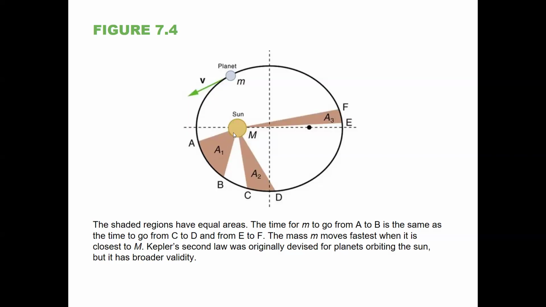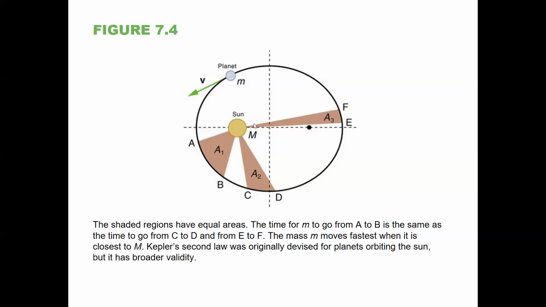If you measure the area covered by this trip here, known as A1, and you record that, then you allow the planet to travel, and you record the arc length from point C to D, then you cover this shaded region. Then again, you go to point E to F and you record the planet movement from point E to F, you will see that no matter where we are on the ellipse, the shaded region will be the same.